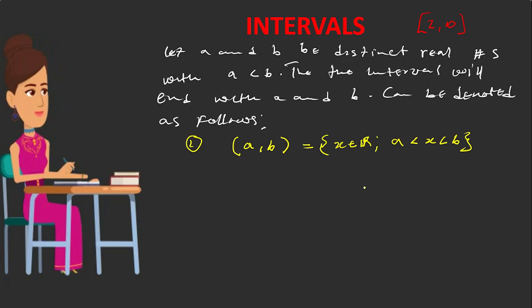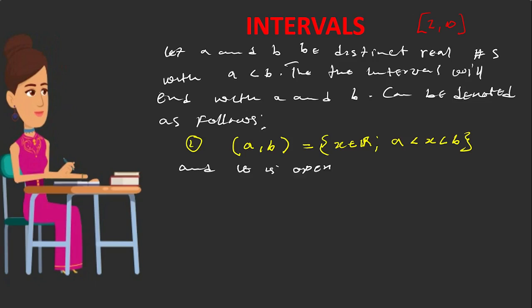Now, since these brackets are like this, this simply means that this interval is open. So let A comma B with those brackets be equal to that, and it is open.